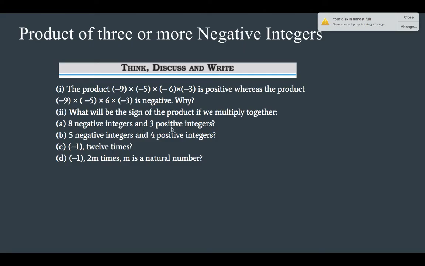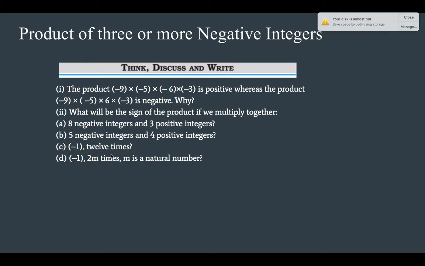And a positive integer multiplied with 3 positive integers will always be a positive integer. It doesn't matter how many positive integers you have. The only thing that matters is how many negative integers you have. So 5 negative integers will end up giving a negative integer.